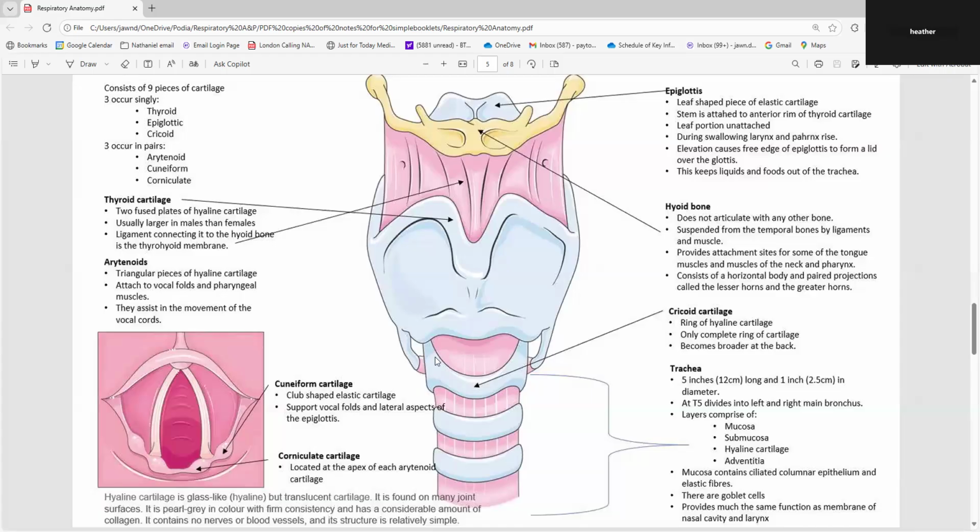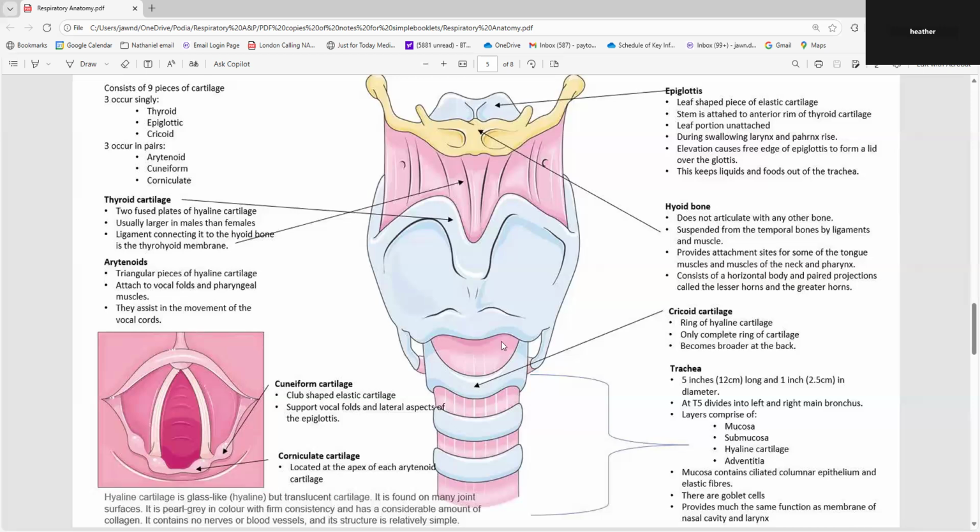It's the only complete ring of cartilage, and it actually becomes slightly broader at the back. That's one of the reasons why we press on it. During intubation, we do what we call cricoid pressure, which in theory is meant to shut the esophagus in case the patient vomits. That vomit will then go back down into the patient's tummy rather than into your tube or into the patient's lungs. So you would press on that.